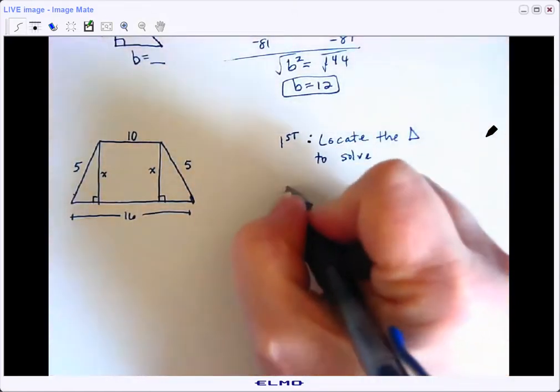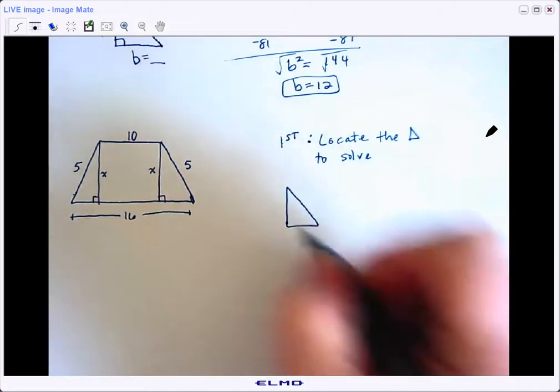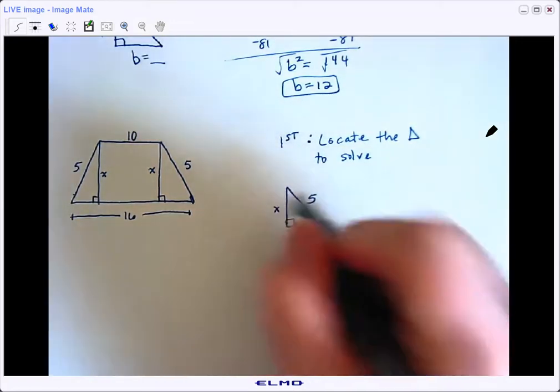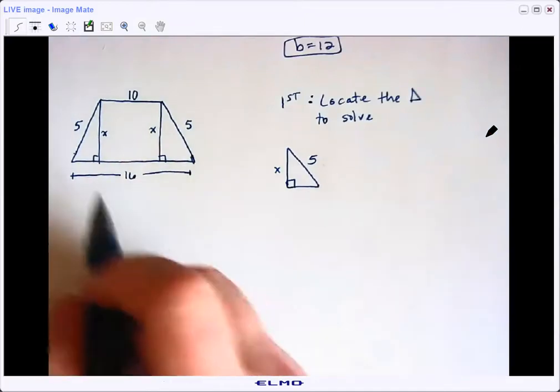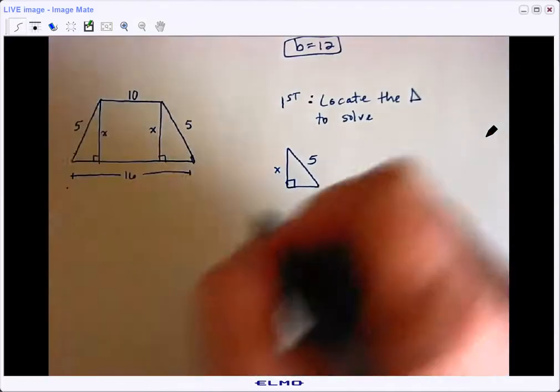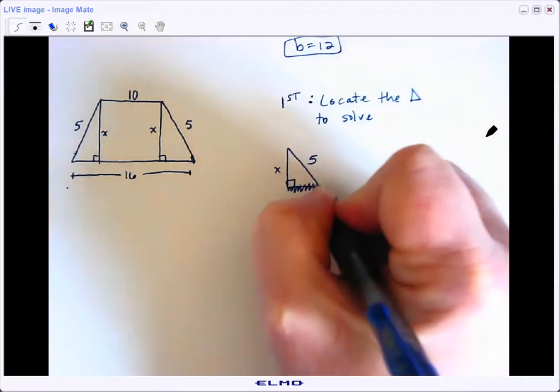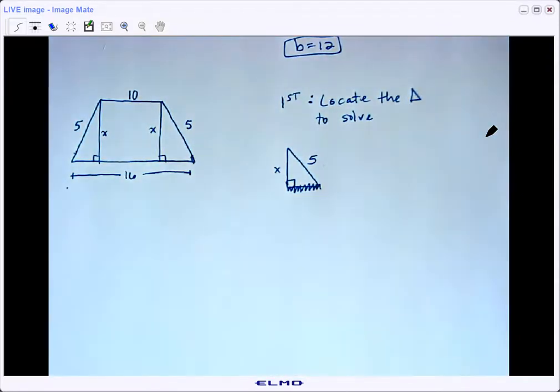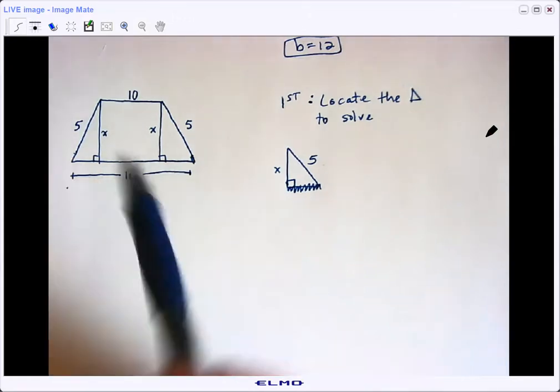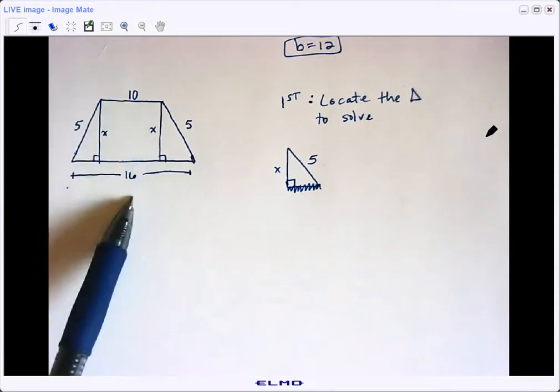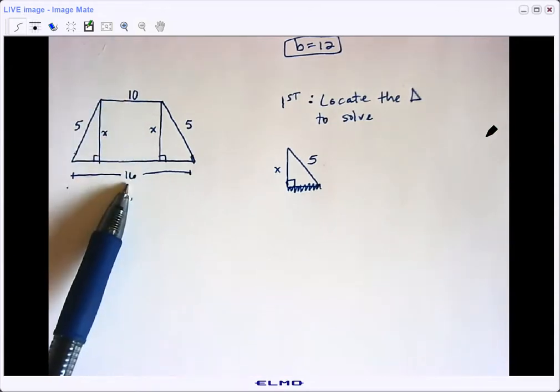In this case, it's going to look like this triangle. This is 5, this is X. But according to the 16, how big is that? How do we know? What do we know? It's 6. Okay, it looks like 6. And I think you're getting that from taking the 10 from the 16. Is that right? Yes.